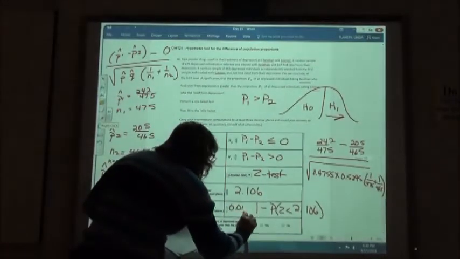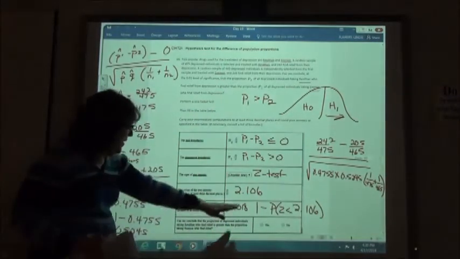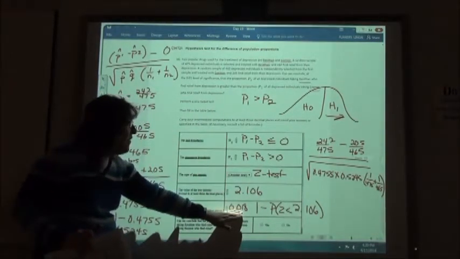That gives 0.018. Okay, this is the p-value.